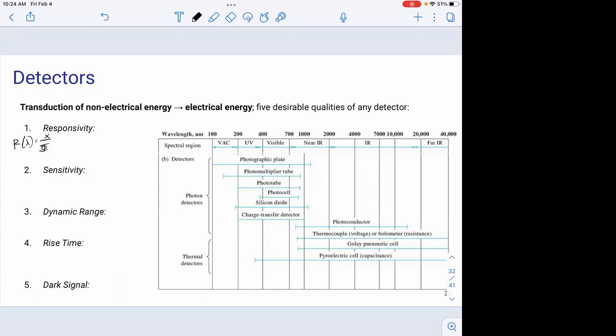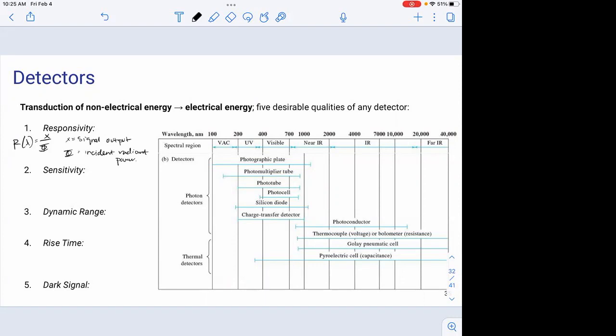So how good is it at seeing 2 photons and producing a current that is equivalent to 2 photons? So let me give you some definitions here. X I'm calling signal output. And B I'm giving incident radiant power. So it's almost like a ratio of efficiency. Okay. Hopefully that one makes sense.